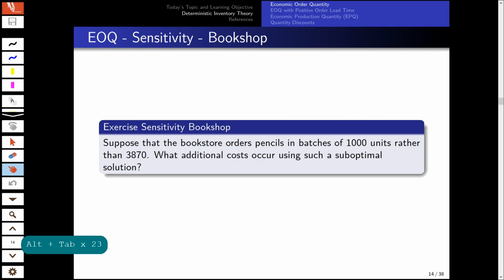We have now the following request for our bookshop. We should suppose now that the bookstore orders pencils in batches of 1,000 units. So the order quantity that they order is 1,000 units rather than the optimal 3,870 that we calculated. So what additional costs occur by using such a suboptimal order quantity?